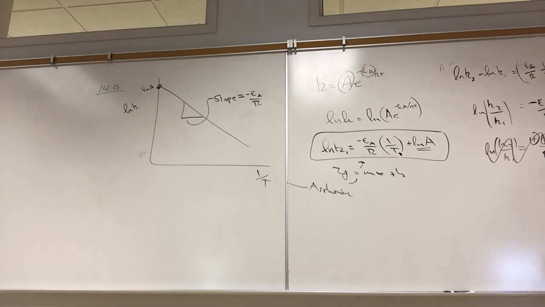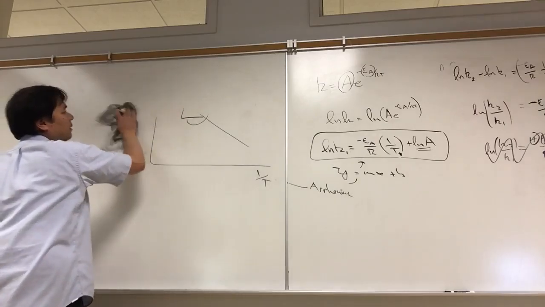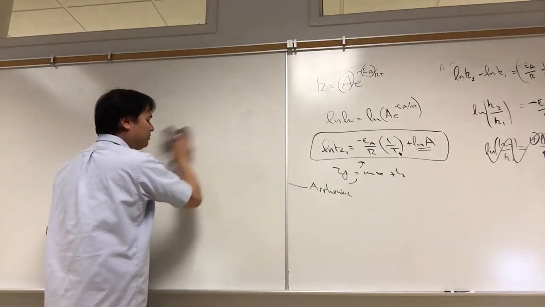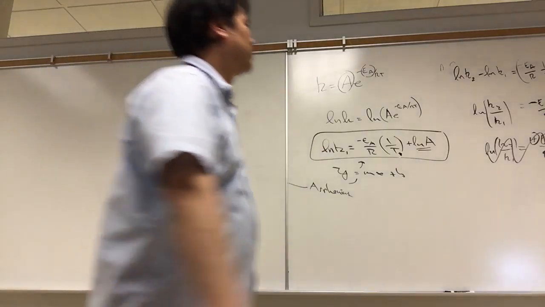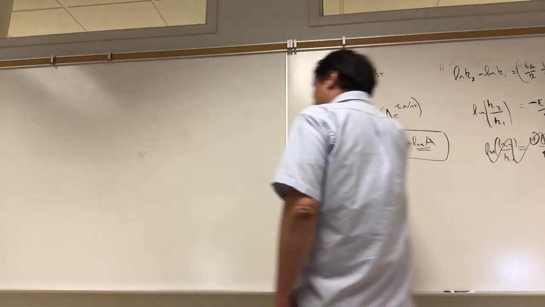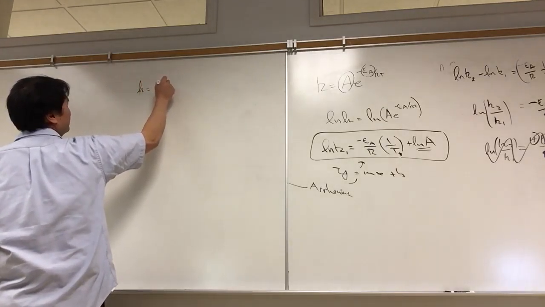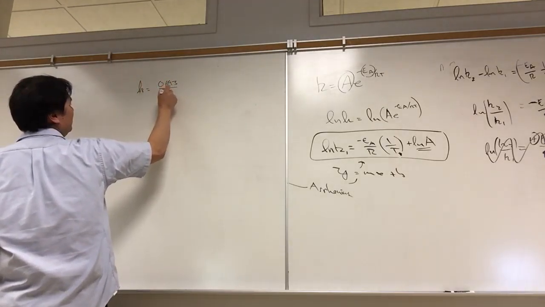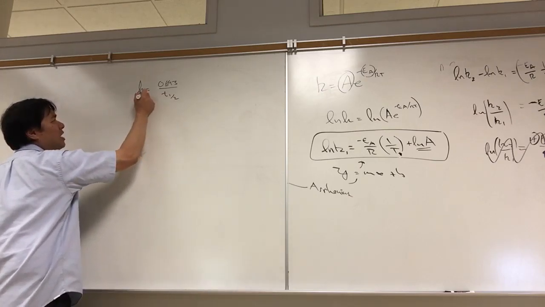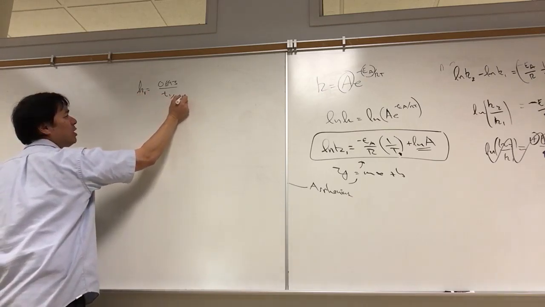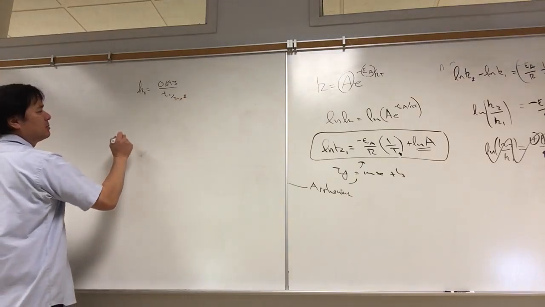The half-lives are just inversely proportional to the K's. In other words, I can do this. I know that K is equal to 0.693 over T1/2. And so if this is K1, then this would be T1/2 for 1, right? So I'm just going to substitute this in here.